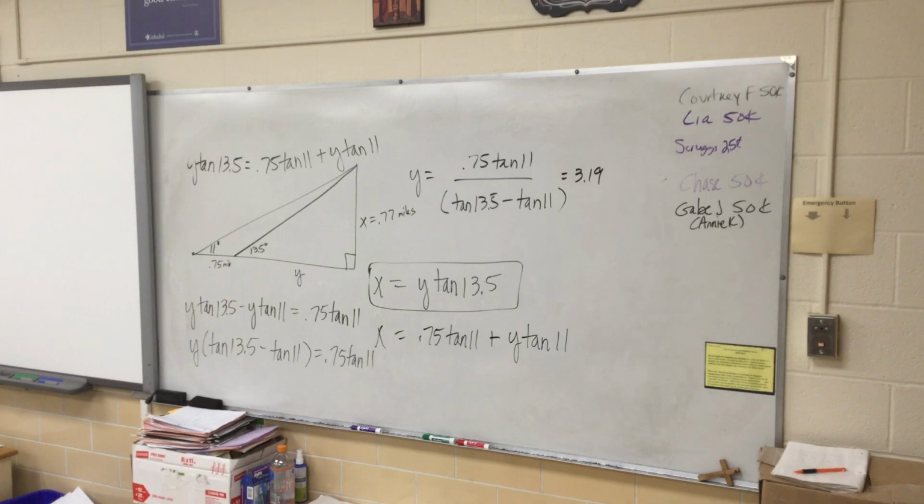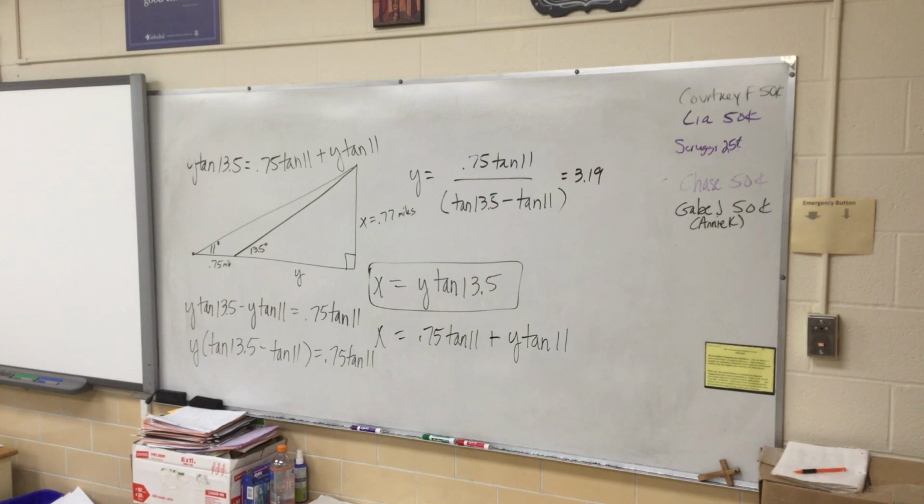Yeah, it's 0.77 miles. That's the unit in the problem. That's what we used for the number 0.75, so it would be miles. You could change that into feet if you wanted by multiplying that by 5,280. But it's still kind of a ridiculous problem, but it's because I made it up.